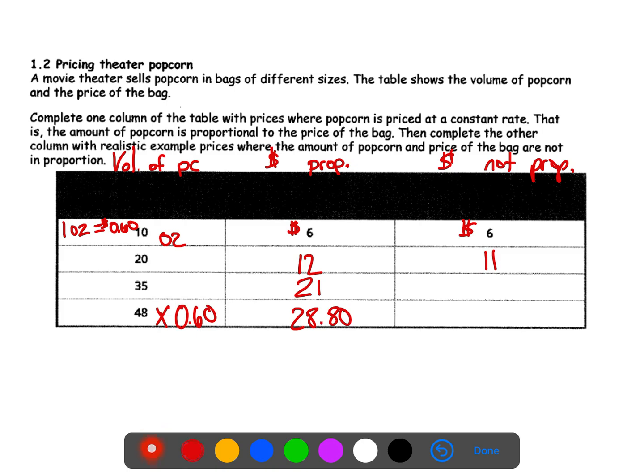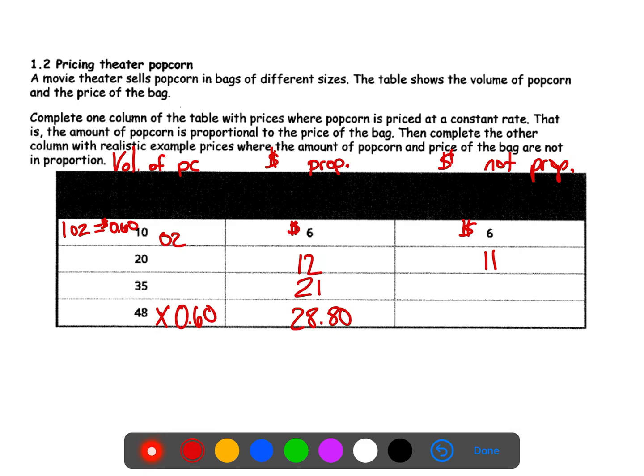All right, so you might think, okay, well, I'm getting more popcorn. I'm not paying quite twice as much for the popcorn. Maybe you get that much and share it with somebody. Anyways, now we're going to do the same thing here, but we're going to start to really make it a good deal to try to entice the customer to buy the bigger size, to spend more money, because popcorn's really cheap.